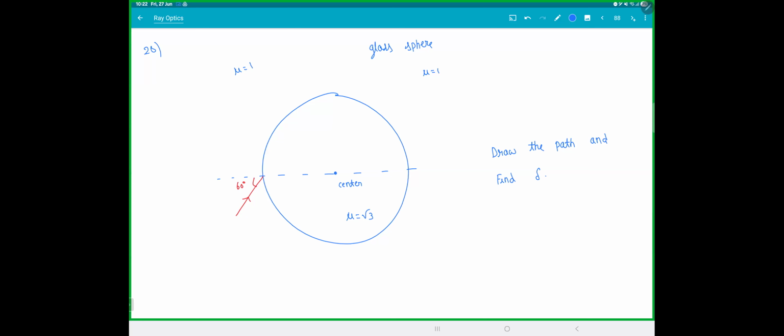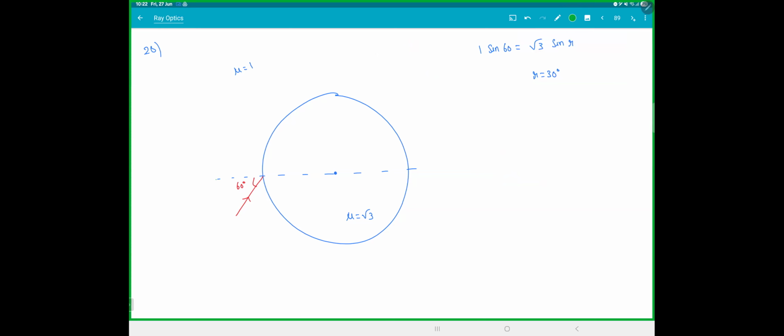See. If you apply Snell's law here, outside is 1, so sine 60 is root 3 into sine r. R is 30 degrees.